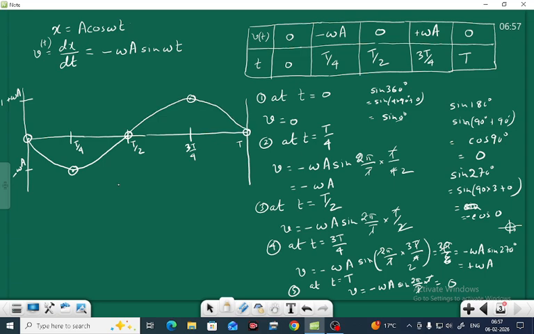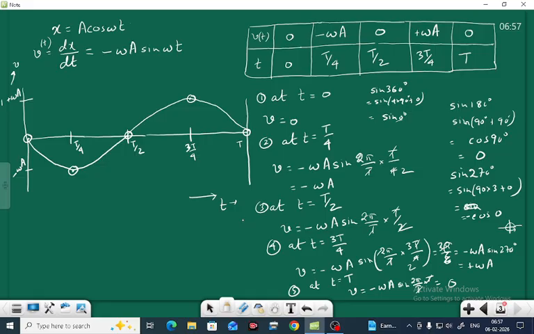Here we find that this is the time axis, and this is the velocity axis, velocity v. In this way, you can find the different graphs. This is velocity, this is time.